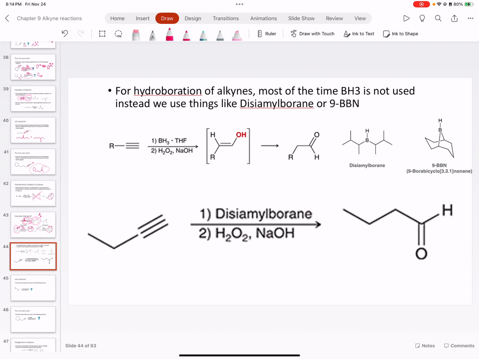So for hydroboration of alkynes, most of the time BH3 is not used. Instead, we use things like dialkylborane or 9-BBN. So you can get BH3 THF, but you can also use things like this disiamylborane and 9-BBN, just like in here.